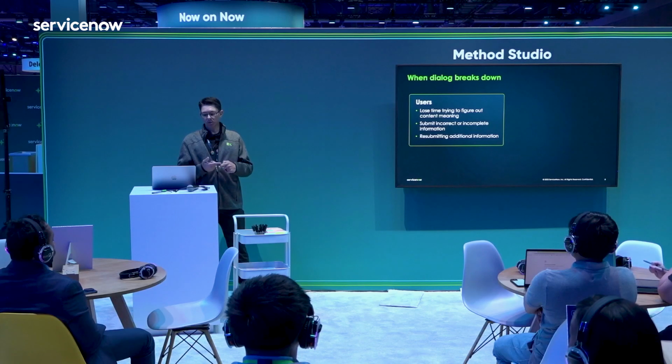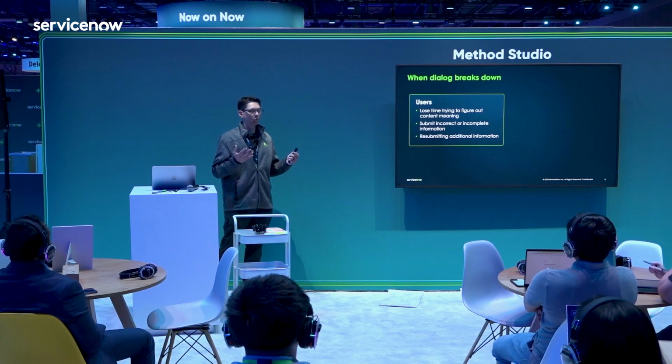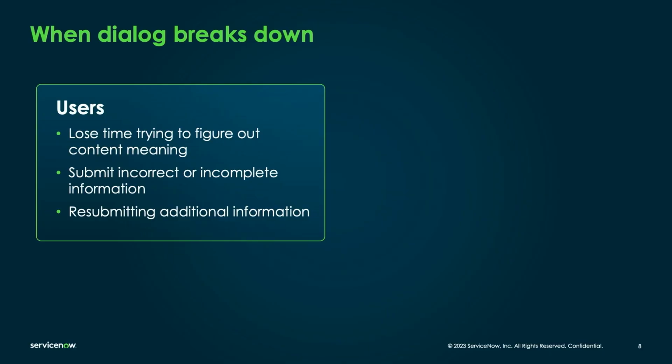Well, users lose time trying to figure out what the information means. So time is lost. They submit incorrect or incomplete information, which requires now a manual intervention to try to close the loop and close the gap of the information that's not been provided. And then that also can result in resubmitting additional information. So now they have to do the same work twice, which gets very expensive.